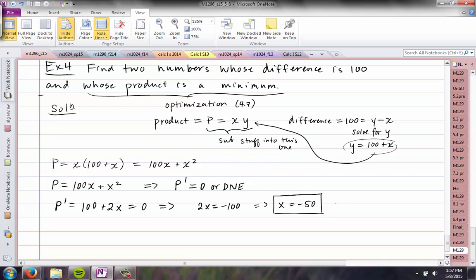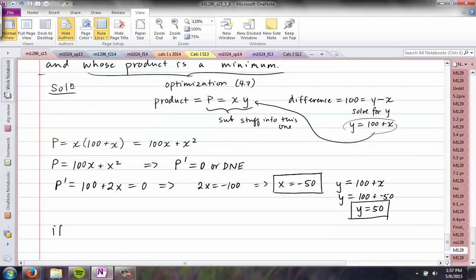So what we need to do is also find the y. I'm going to do that before I forget. Y was simply equal to 100 plus x. Plugging in the x we found, this is going to be 50. So the two numbers are negative 50 and 50.